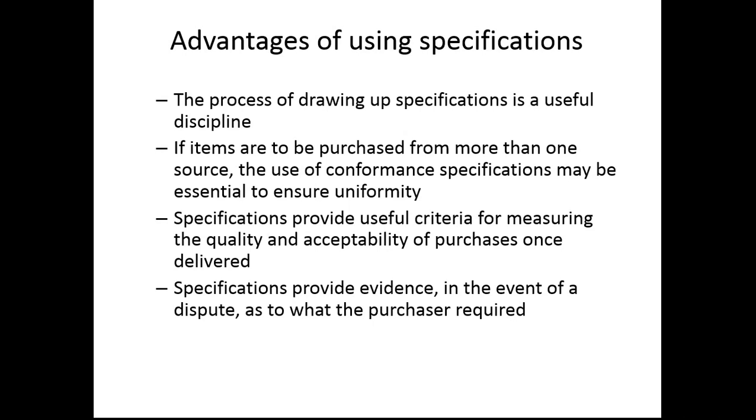If it's not been met, it's not been conformed to, then here is the evidence that says this is what you agreed to do against our specification, or this is the specification you worked on our behalf because it was a performance specification and you haven't met the requirement. It gives you a way of control. It's extremely important.